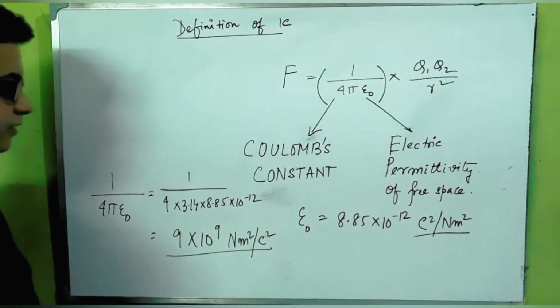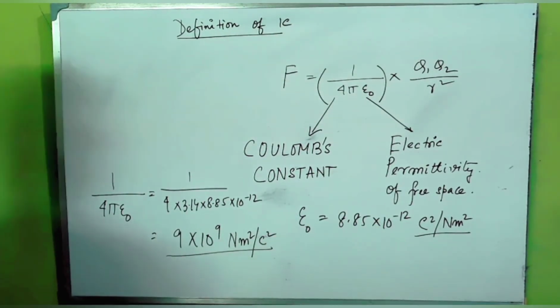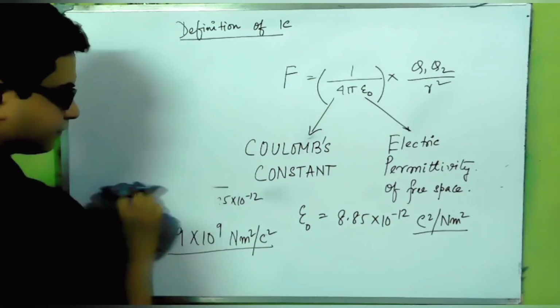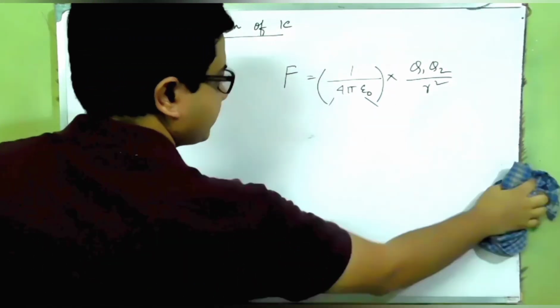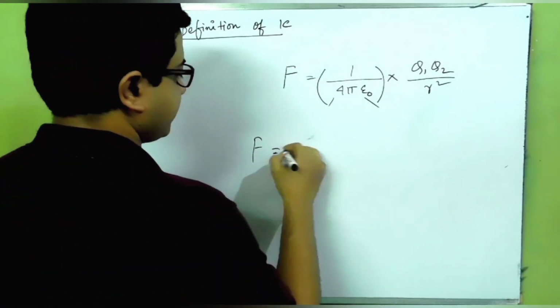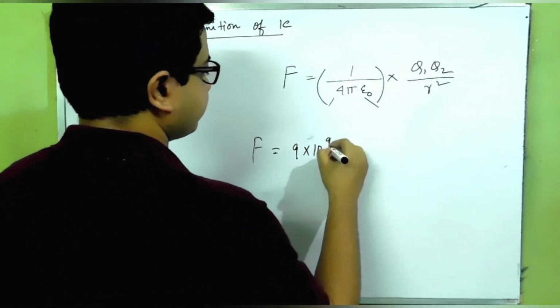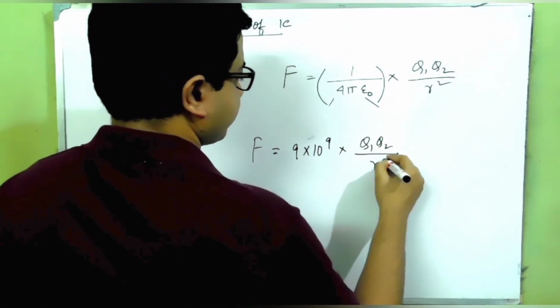So we are going to use this value of Coulomb's constant in this equation. So just put the value there. After putting the value, the equation stands like this: F is equal to 9 into 10 to the power 9 into Q1 Q2 divided by r square.